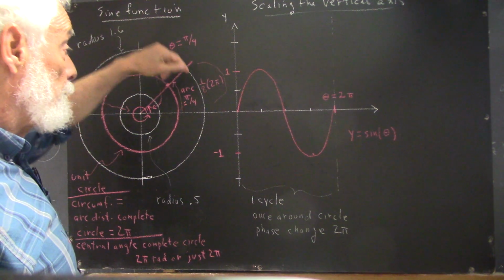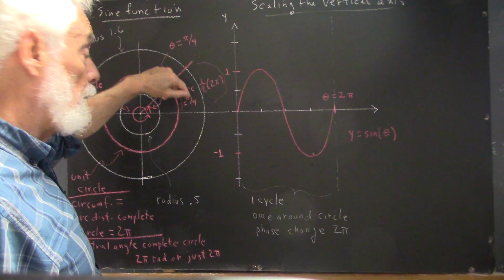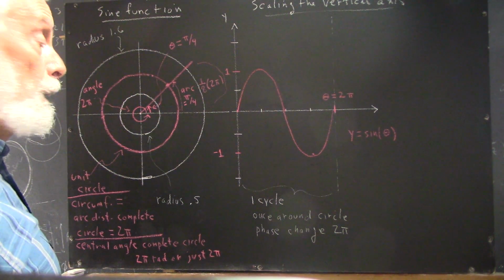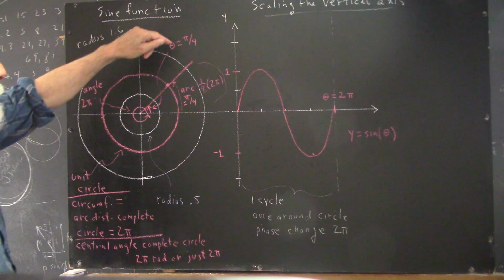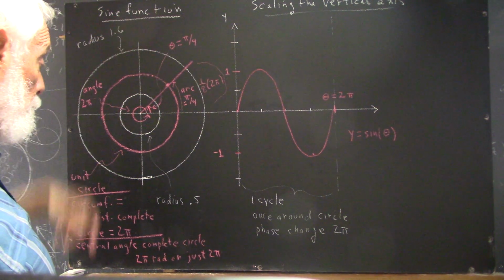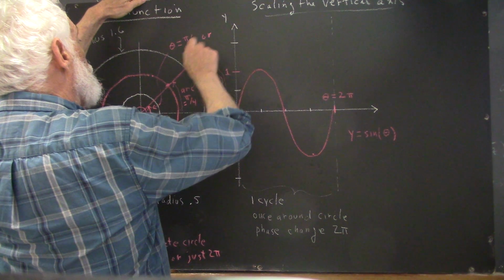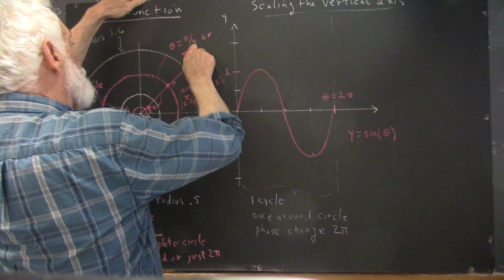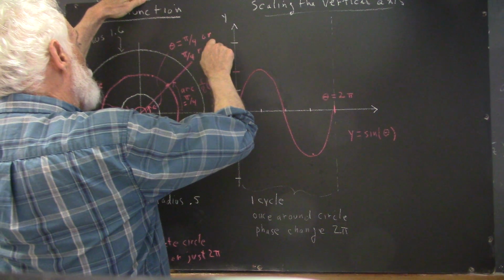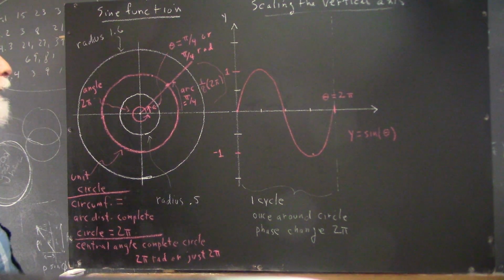So the arc distance is 1/8 of 2 pi, or pi over 4. So we're going to call this angle pi over 4. Or if we prefer, pi over 4 radians. Or if we want to really be specific about the angle, as we often do, we could write pi over 4 radians.